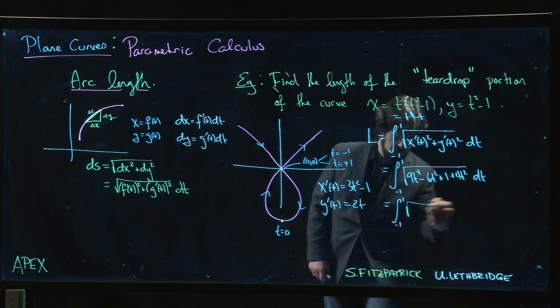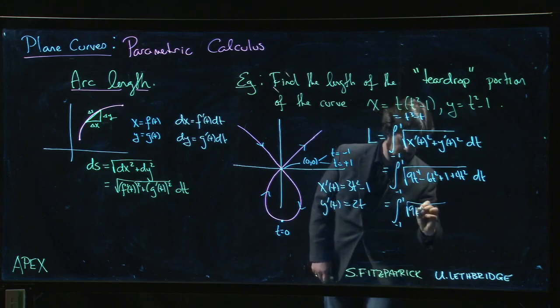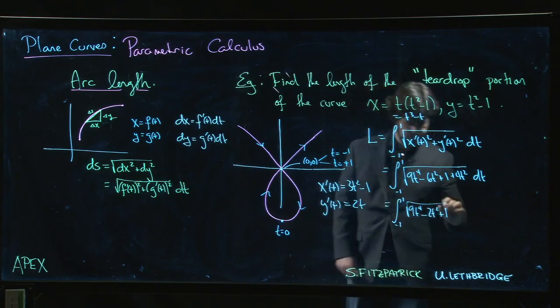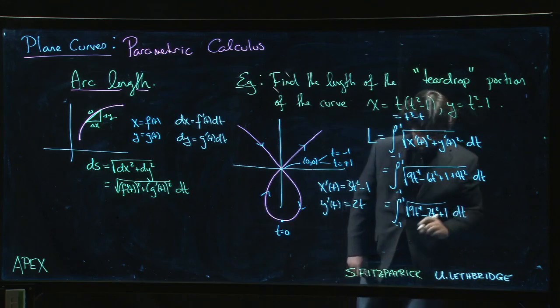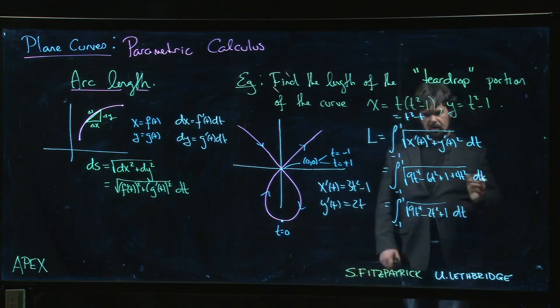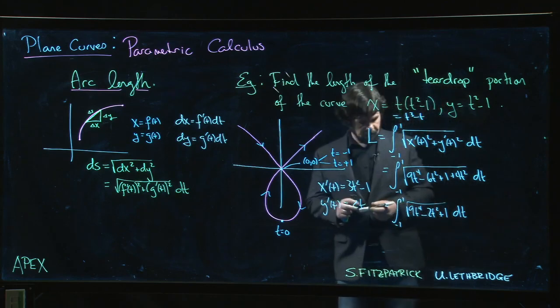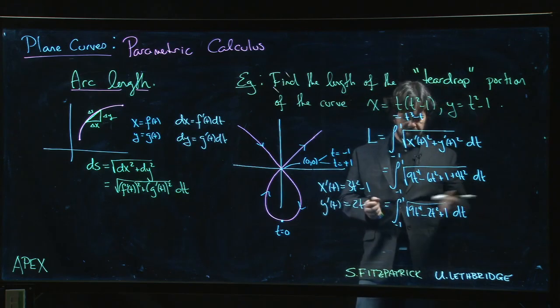So we get 9t to the 4 minus, so now it's going to be minus 6 plus 4, minus 2t squared plus 1, dt. This is one of these times where we hope things have been set up for us so we can factor.